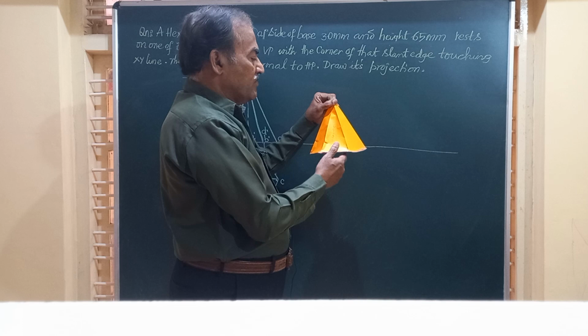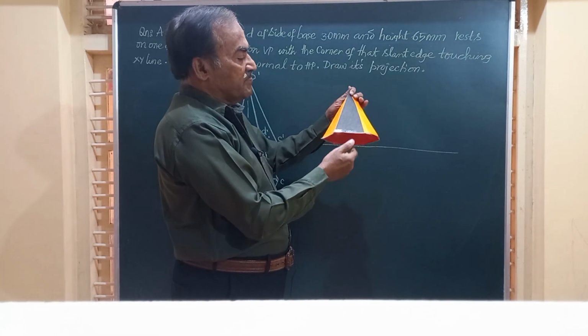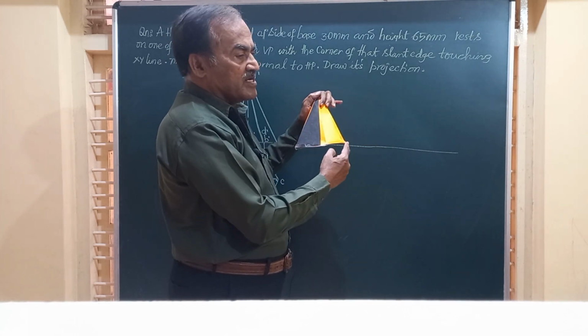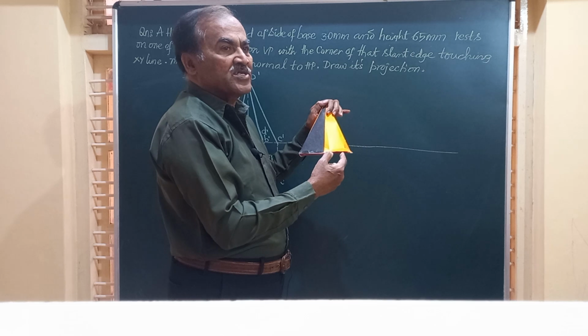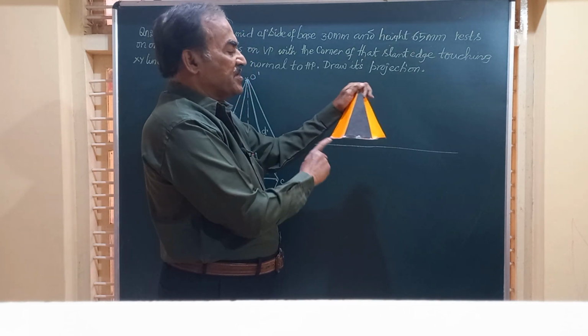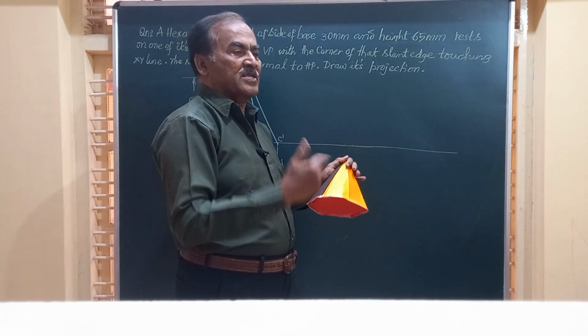So friends, I am going to place the hexagonal pyramid on HP such that one of the corners of the base is to your right side, and very obviously on the left hand also you will have one more corner on the left side.